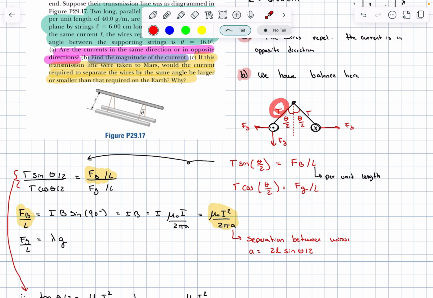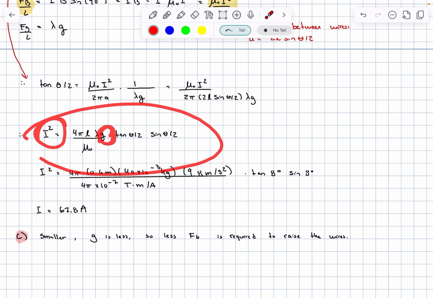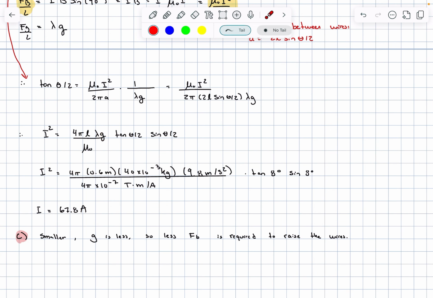If T decreases, that necessarily means that FB also decreases, right? Because we still have to balance it out in this direction. So a smaller gravitational force would be pulling down on the wires, requiring less magnetic force to raise the wires to the same angle. Therefore, we require less current. If we look here in this equation, if we decrease g, we decrease I. And that is it for this problem.